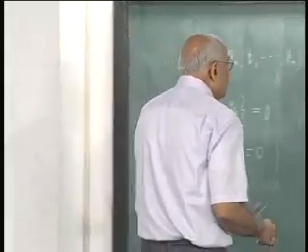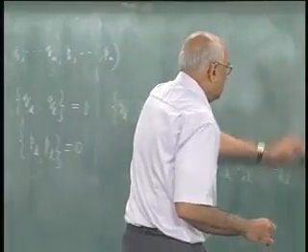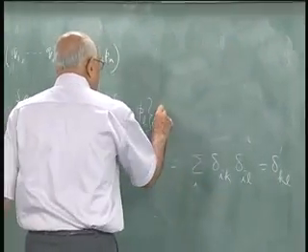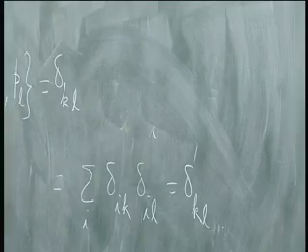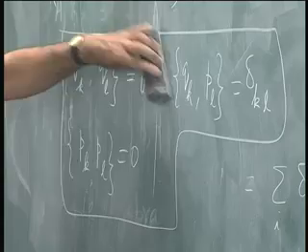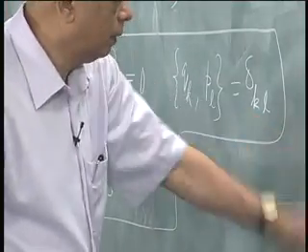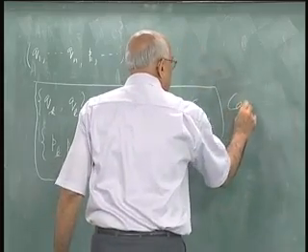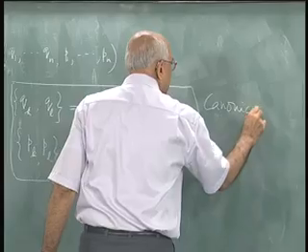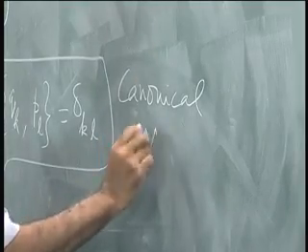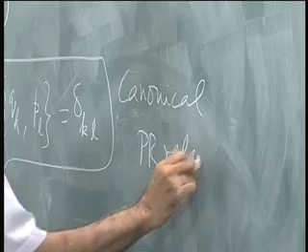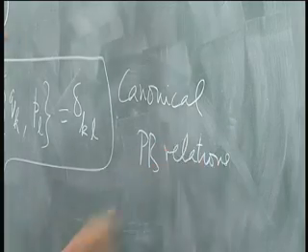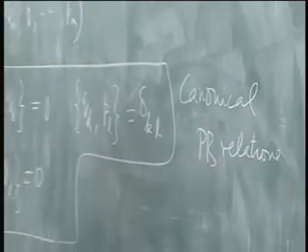So that defines for me the canonical Poisson bracket relations. This set of relations are called the standard or canonical Poisson bracket relations.